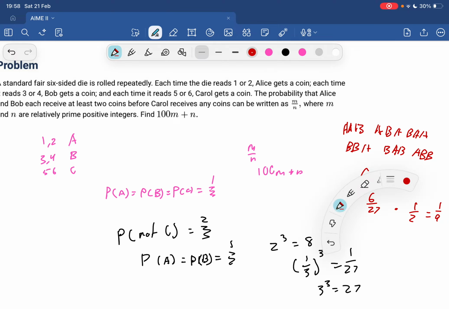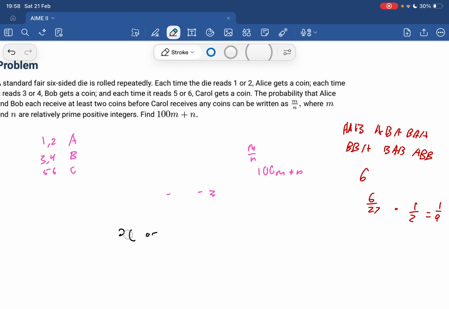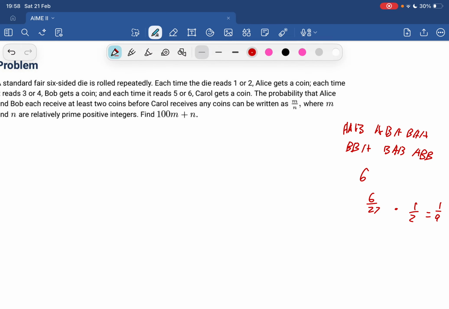Now, case 2 will be when one player has all 3 coins. I think we can erase these for now. When one player has all 3 coins, the possible sequence will only be AAA and BBB.